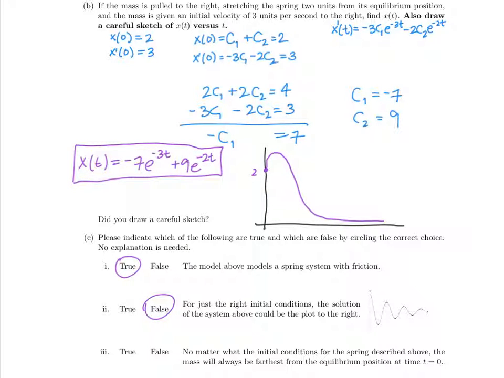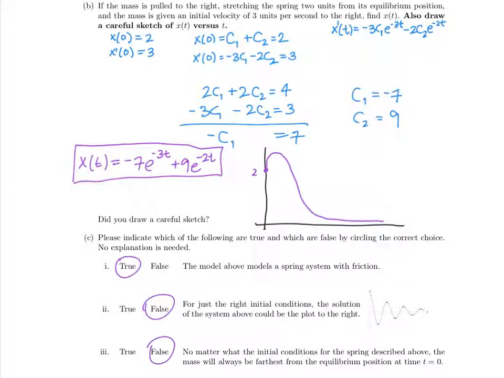So even though it was at position 2 at t equals 0, it still traveled away from the equilibrium position, maxed out at some time that's not t equals 0, before it returned to the equilibrium position. So this is not true. We actually have an example right here. This true or false question is really seeing whether you understand the physical significance of the solution that you found and graphed correctly. So this is going to be false.